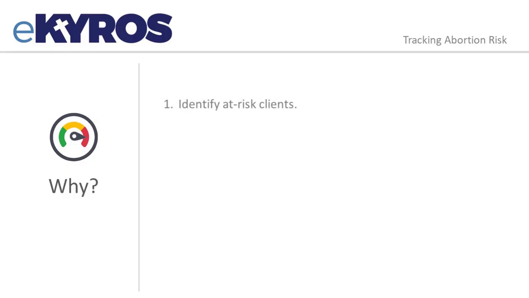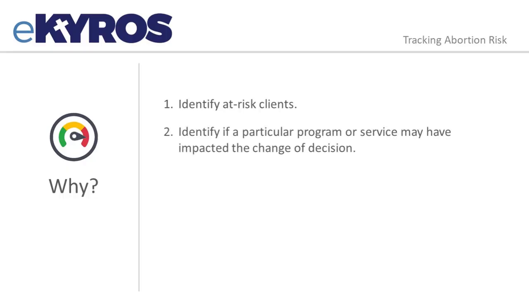So why is it important to accurately assess and record this information? Well, first, it allows you to accurately identify your clients who are at risk of having an abortion. Second, by being able to measure where and when changes to the client's abortion risk level occurred, you can better identify if a particular program or service may have impacted the change of decision.